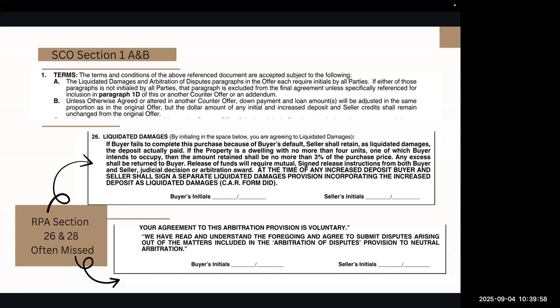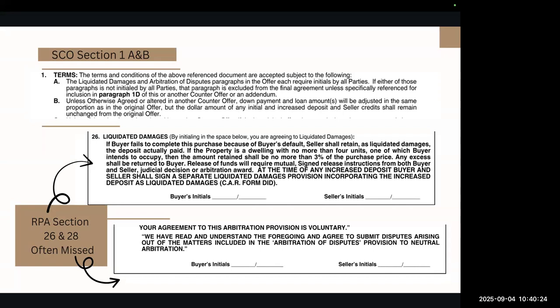So many times the practice has usually been over the years that sellers and buyers normally agree to liquidated damages. However, either party usually doesn't always agree to the arbitration simply because arbitration is binding and there's not an opportunity for appeal by either party should it go against them.